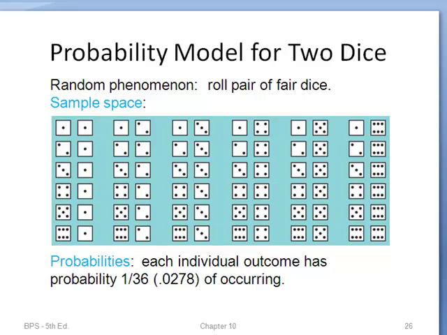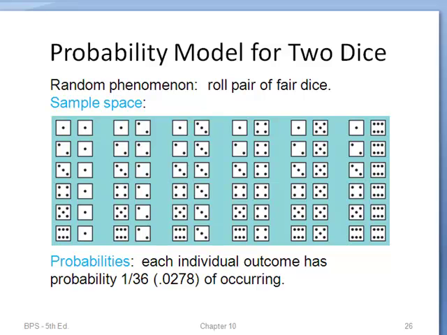Now, for our model, we could say our random variable is the number of dots we read after we roll the dice. We'll call it x. So x can take on values between 2 and 12.